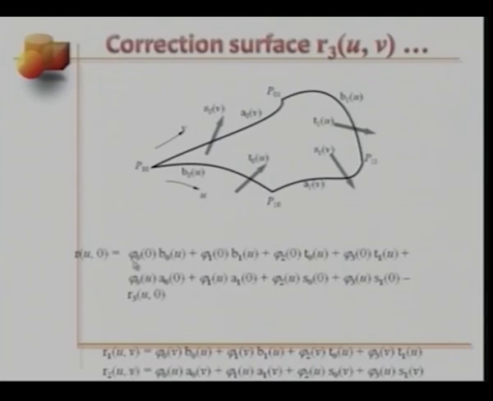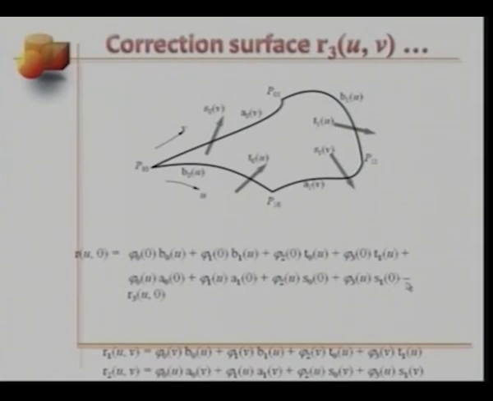So we have phi 0 of 0 times B0 of u plus phi 1 of 0 times B1 of u plus phi 2 of 0 times T0 of u plus phi 3 of 0 times T1 of u plus phi 0 of u A0 of 0 plus phi 1 of u A1 of 0 plus phi 2 of u S0 of 0 plus phi 3 of u S1 of 0.